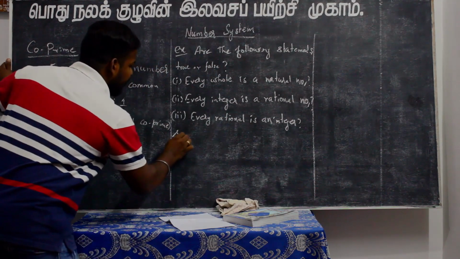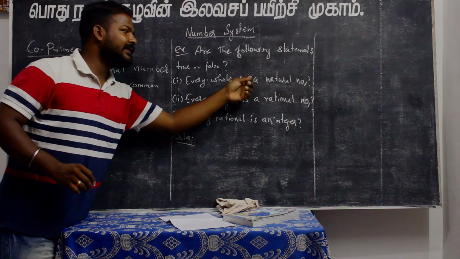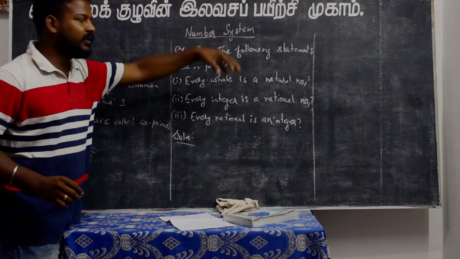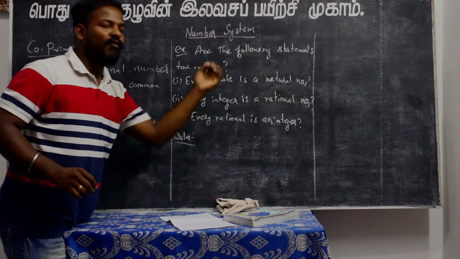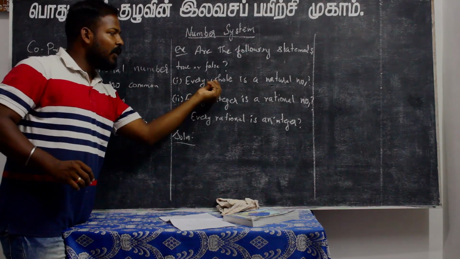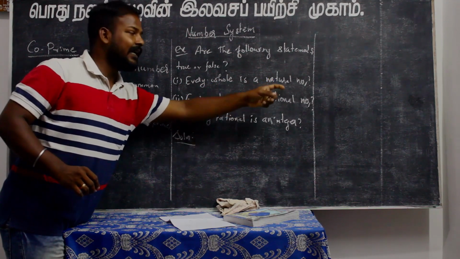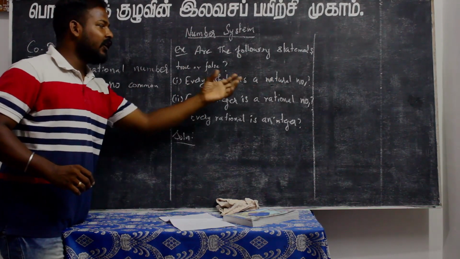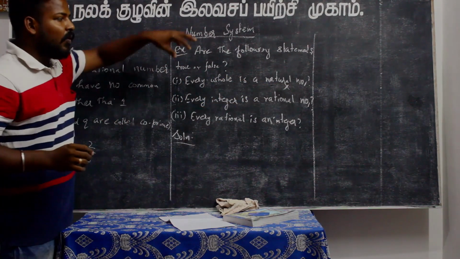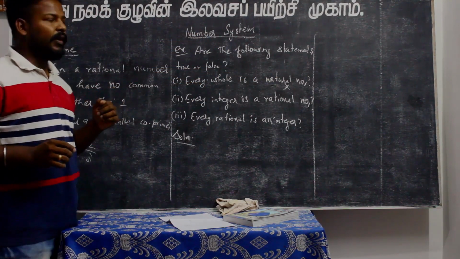So we will see here. The first question: every whole number is a natural number. Whole numbers start with 0, 1, 2, 3. What about natural numbers? 1, 2, 3. So clearly whole numbers have one extra element 0, but natural numbers do not have that element 0. So this statement is wrong. The true statement is that every natural number is a whole number.